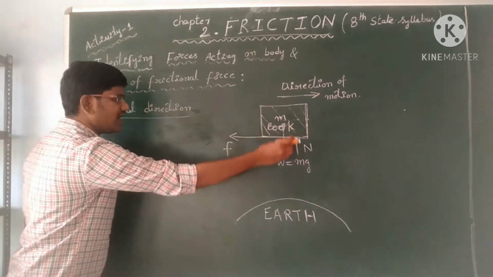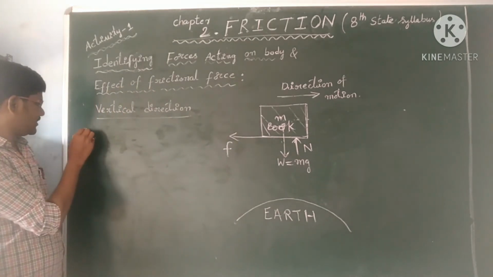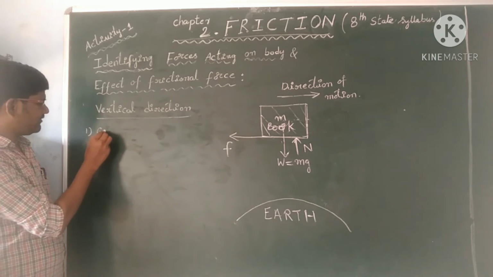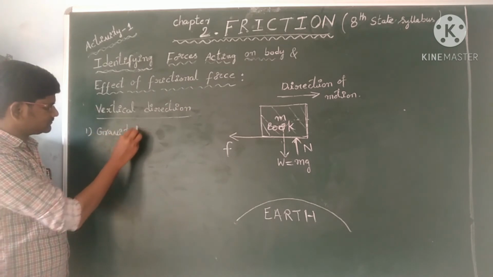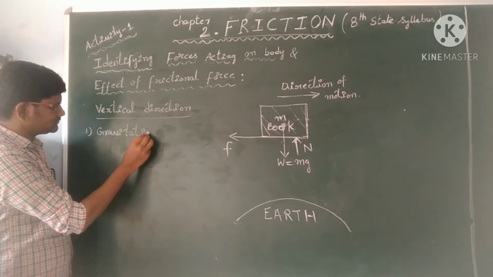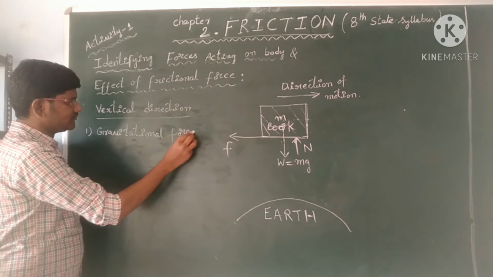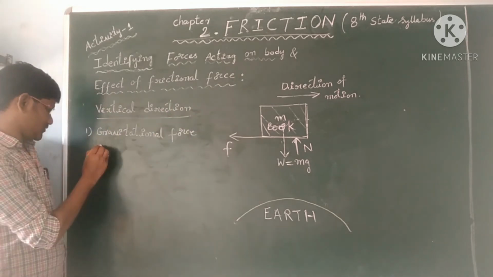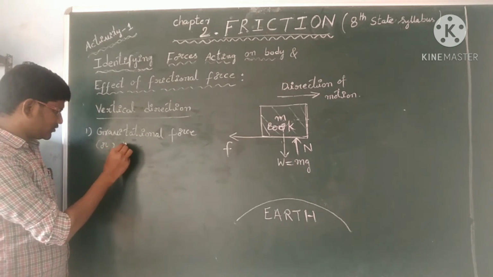So in the vertical direction, see children, the first one is gravitational force, or weight of the book.